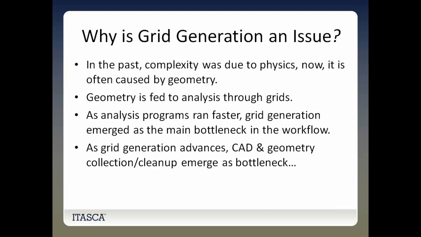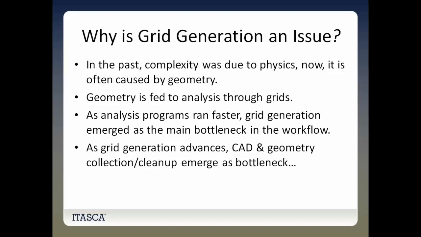For those who are new to the area of mesh generation, a slide that summarizes the reason why meshing is an issue to begin with in the area of computer-aided engineering, and in particular in our area, is that in the past, most applications in geomechanics were often characterized by their physical complexity in terms of the constitutive laws and the type of boundary conditions and so on that needed to be used.